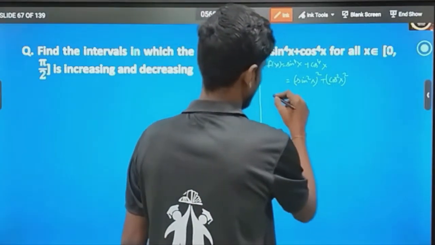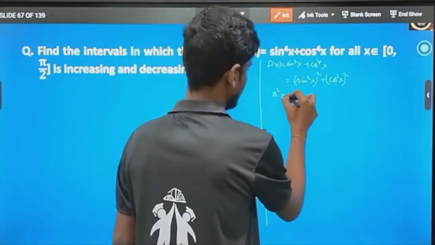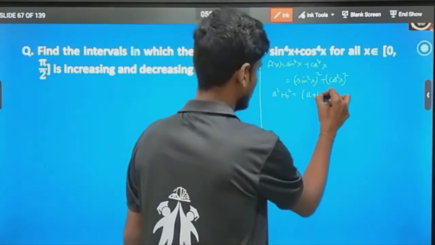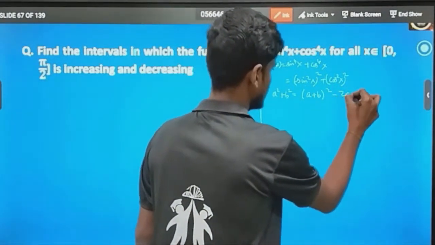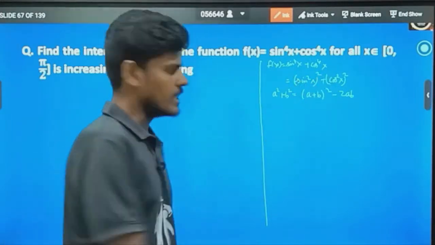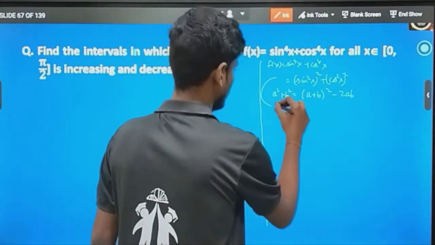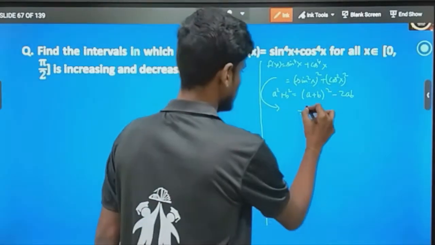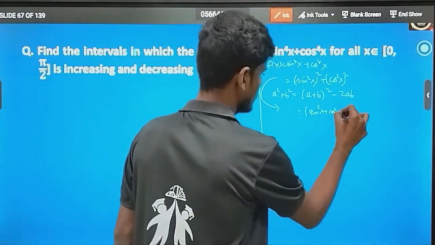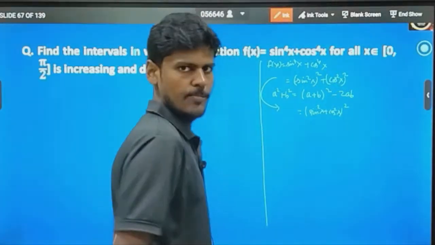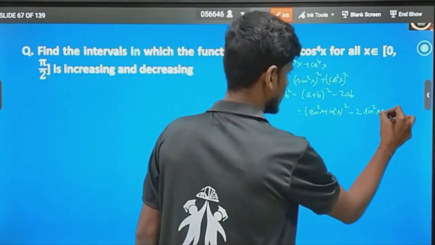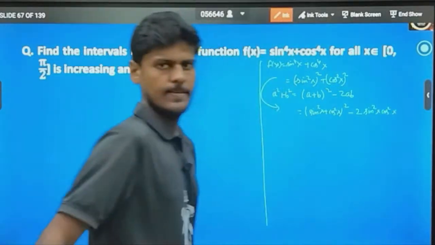What is the formula, students? a square plus b square will be equal to a plus b whole square minus 2ab. And what is a plus b? Sin square x plus cos square x, which means from this we get sin square x plus cos square x whole square minus 2 sin square x cos square x.